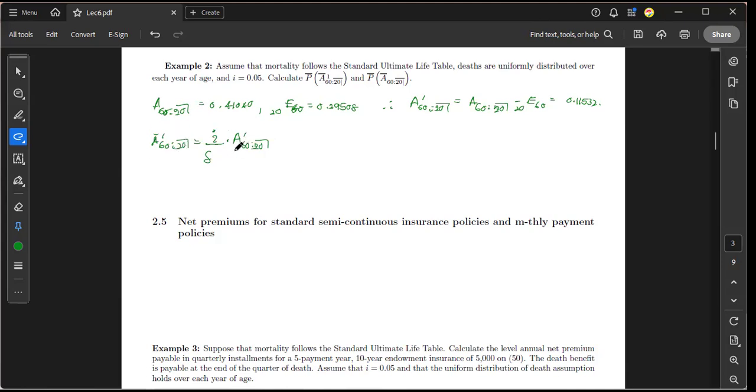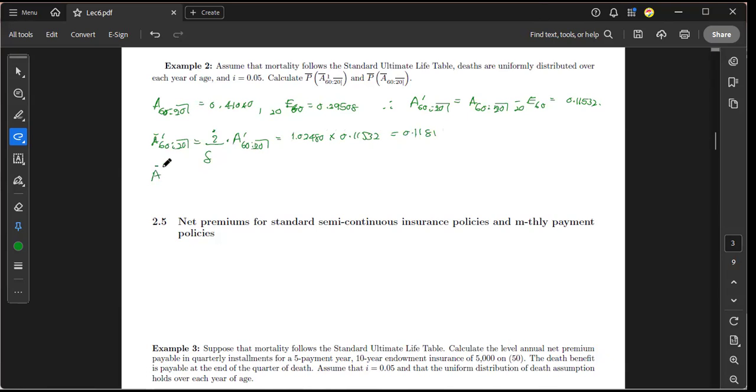This is the continuous term life benefit, and you can take it directly. We know that delta is the log value of 1 plus i, so you can directly get it from the calculator. And this is from the previous calculation. So the final value is 0.1181.